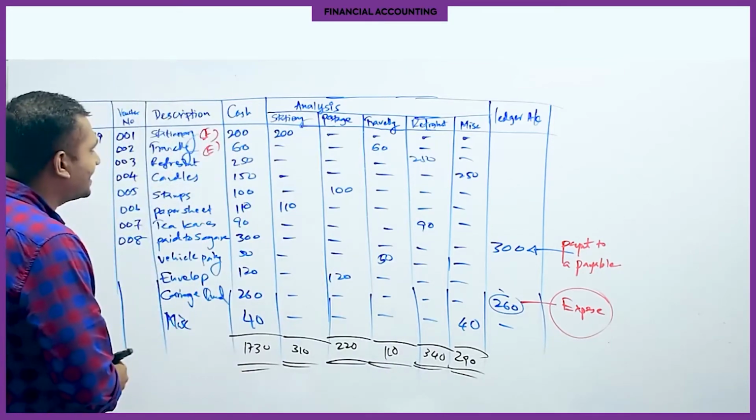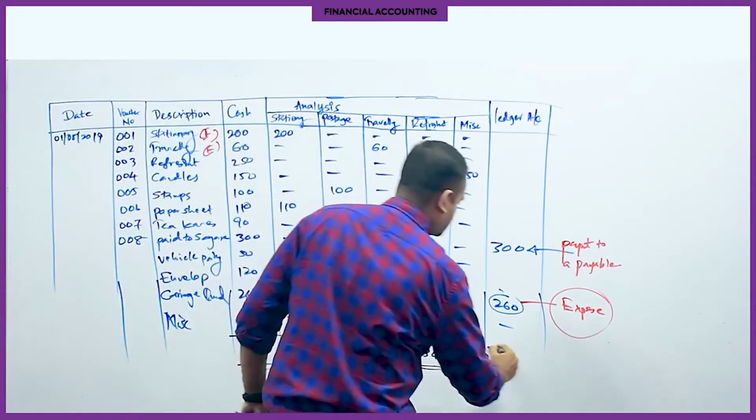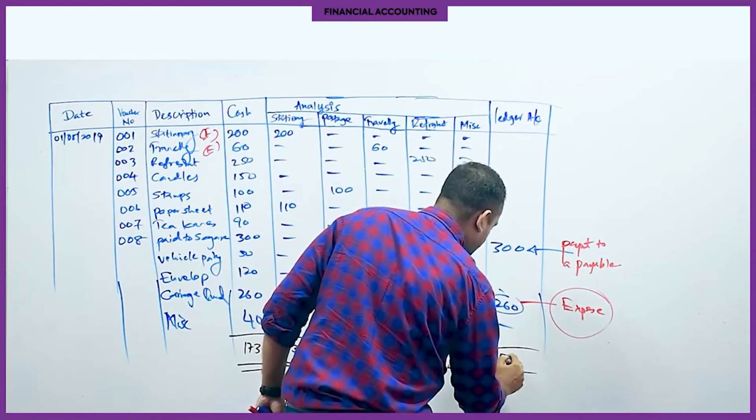And also the summation of ledger accounts is 560.